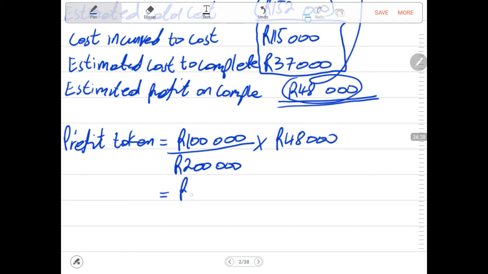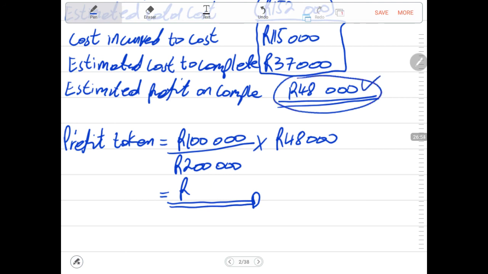So now let us check how much profit should be taken and reported in the statement of profit or loss. Remember, once again, this is the profit that we estimate it will be at the end of the project. So now we are not at the end of the project, so we are not going to be reporting this in the statement of profit or loss because this time has not yet arrived.